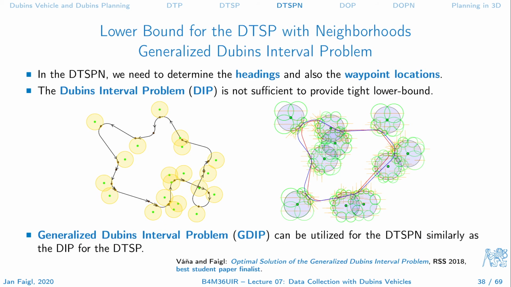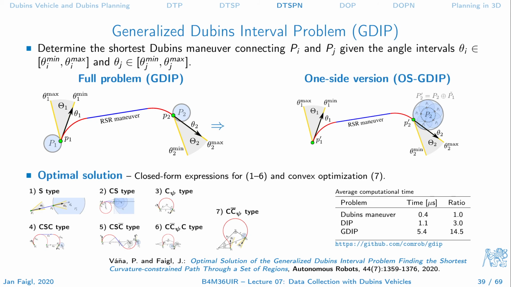but we still need to assess the quality, and we need this lower bound. And for that we cannot use the Dubins interval problem because it's not sufficient, because we have this one degree of freedom in this region, and therefore we formulate the generalized Dubins interval problem, which is an extension of the Dubins interval problem.